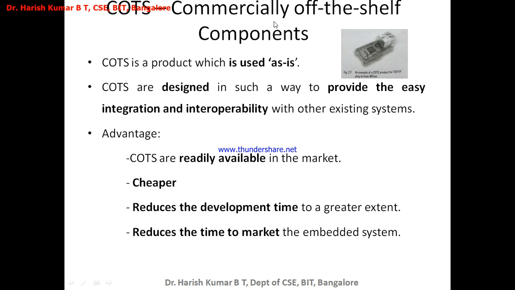Next, the last topic of today's session is COTS, commercially off-the-shelf components. Something like, now I want to buy some groceries, then I'll go to a mall, right? I'll just pick the groceries which are available on the shelves, which suit my need, and I'll put them into the basket.